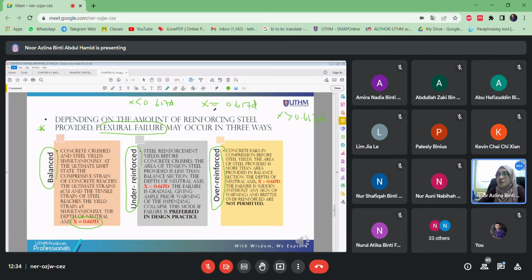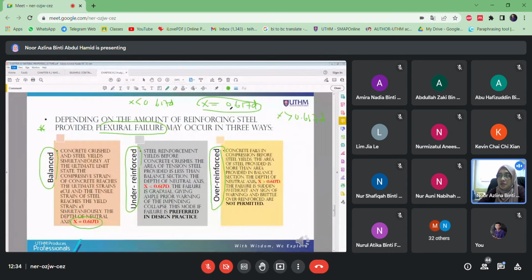So this is the benchmark here. There are cases that will be less and cases that will be more than this benchmark, which is normal. So depending on this X, we can determine these three types of failure. Look at them one by one here.